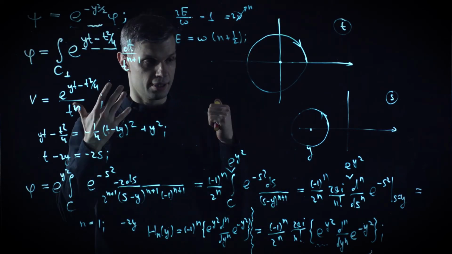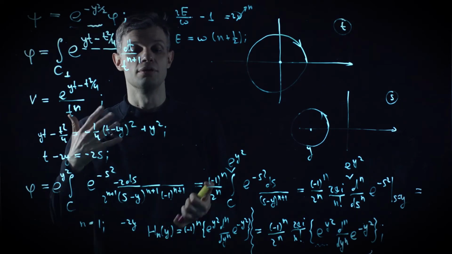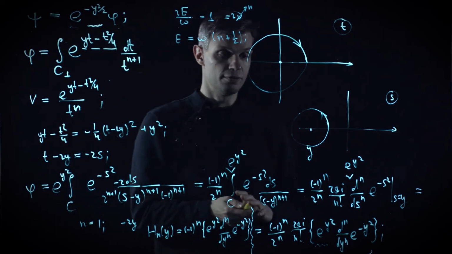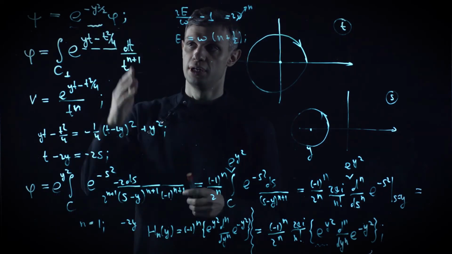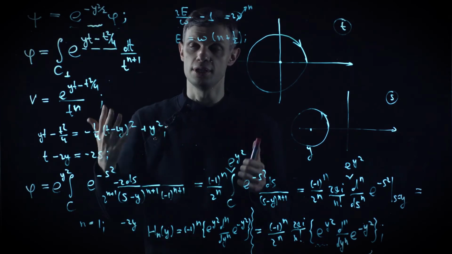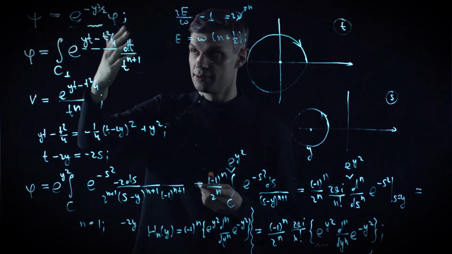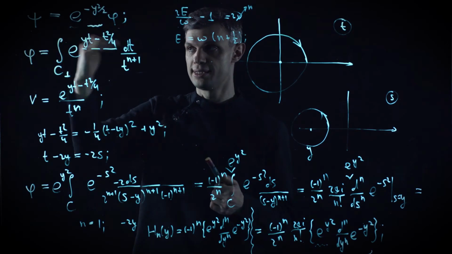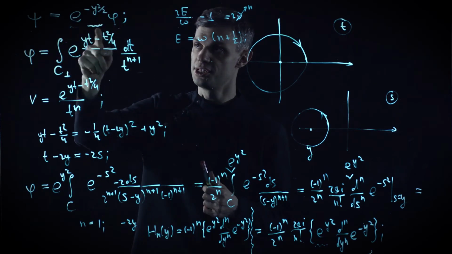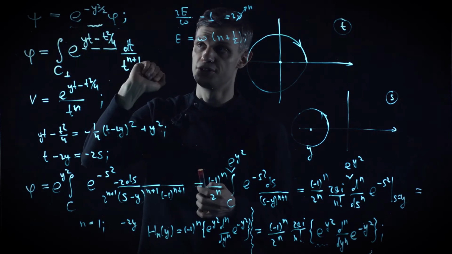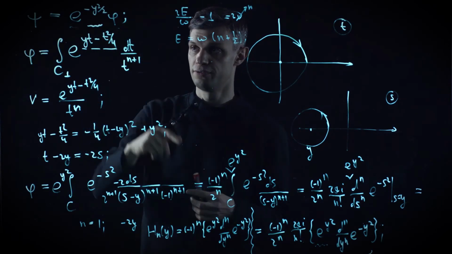So let's recall our principal steps. First of all, we got rid of the quadratic coefficients in our equation by introducing a suitable ansatz: the asymptotic solution of our simplified Schrödinger equation times a new function phi.